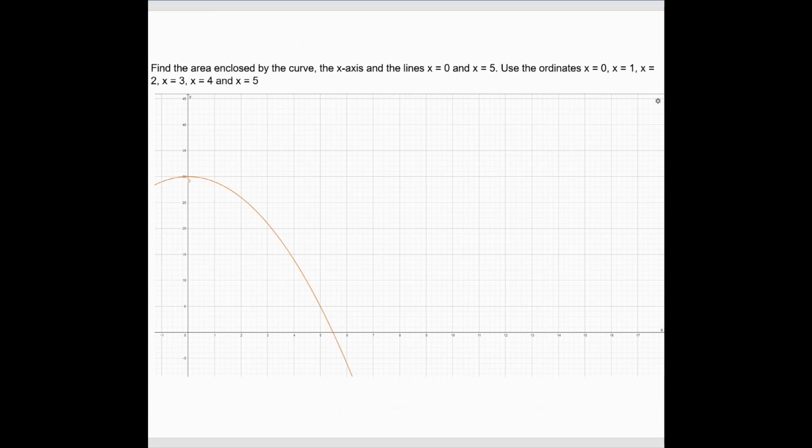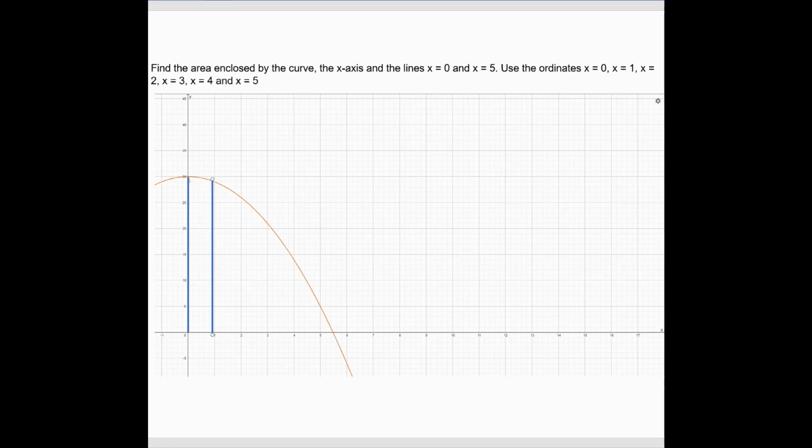You might have a function like this, which slopes downwards, but the principle is the same. So we are told to find the area enclosed by the curve, the x-axis, and the lines x equals 0 and x equals 5. We want to use the ordinates x equals 0, 1, 2, 3, 4, and 5. What we do is draw lines at the points of the ordinates. So when x equals 0, I'm going to draw a straight line up from x equals 0.